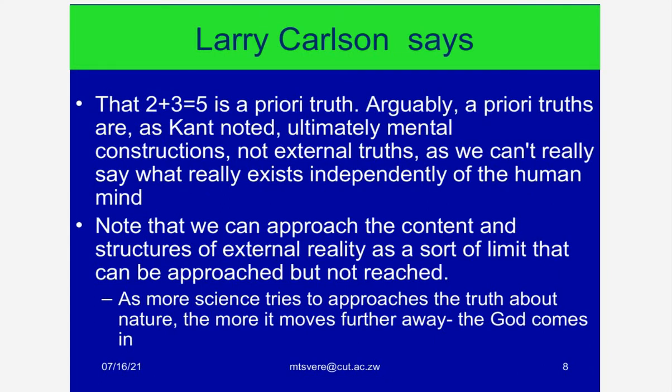Larry Carlson says that if I say 2 + 3 = 5, that's a priori truth. Arguably, a priori truths are, as Kant noted, ultimately mental constructions, not external truths, as we can't really say what really exists independent of the human mind.